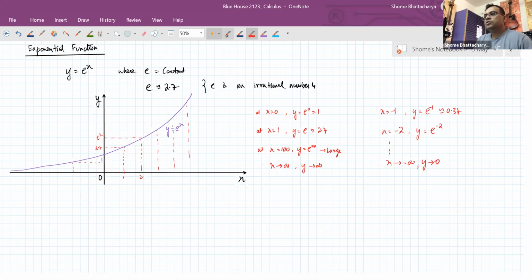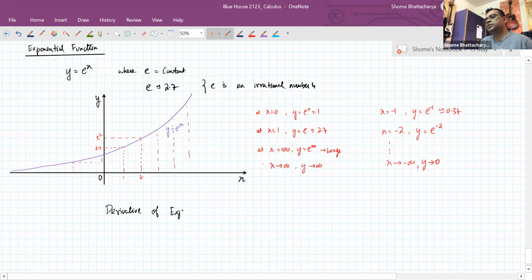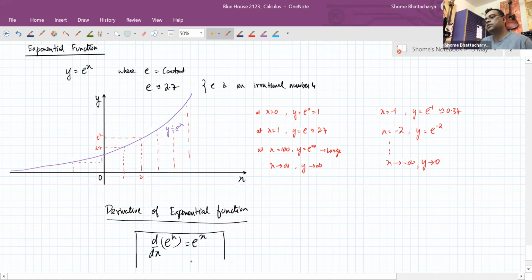Now, what is unique about this function is that the derivative of the exponential function is given by the following formula. Okay, so this is the unique property.